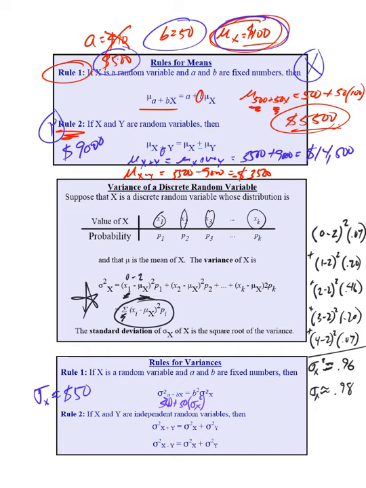Adding 500 does not make you any more or less spread out. The A just affects the mean that they collect, but adding or subtracting a constant doesn't change the actual spread of the distribution.